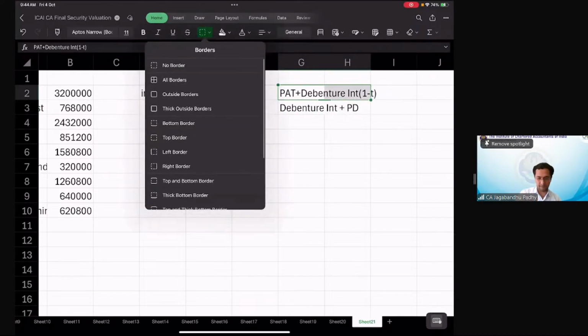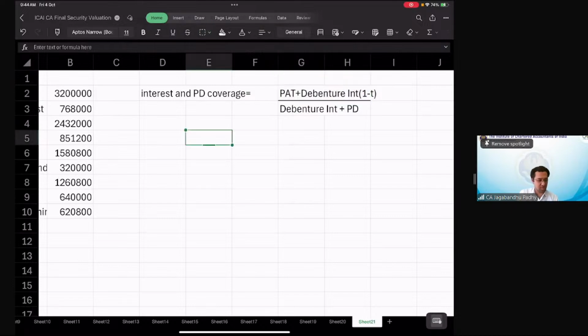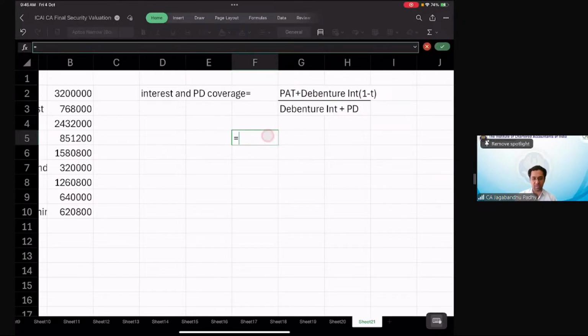So interest and preference dividend coverage is like we have PAT to pay the preference dividend, but obviously we would have subtracted interest here. So we need to add back that interest after tax effect and see whether we are able to pay the debenture interest or not.